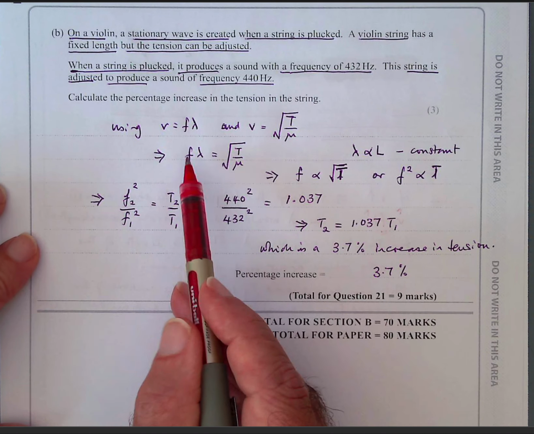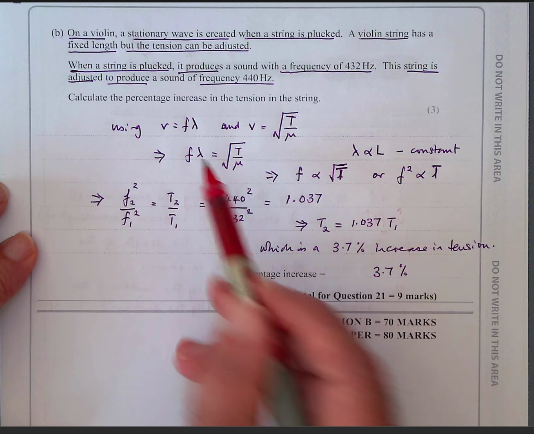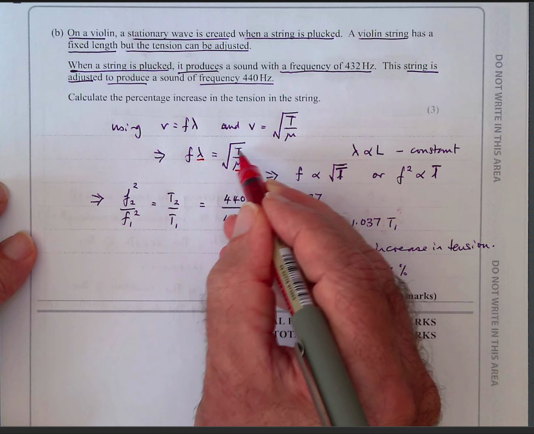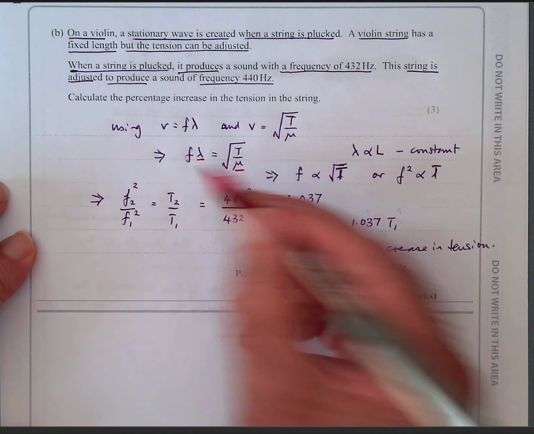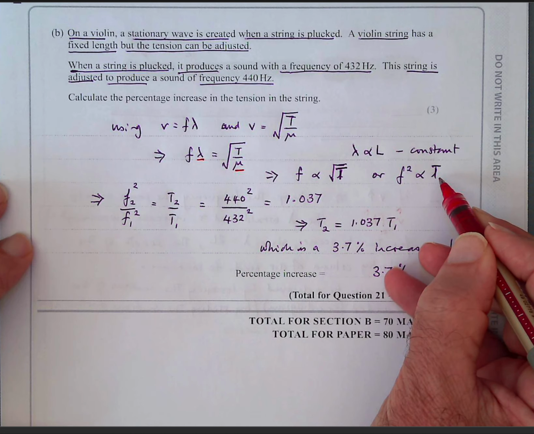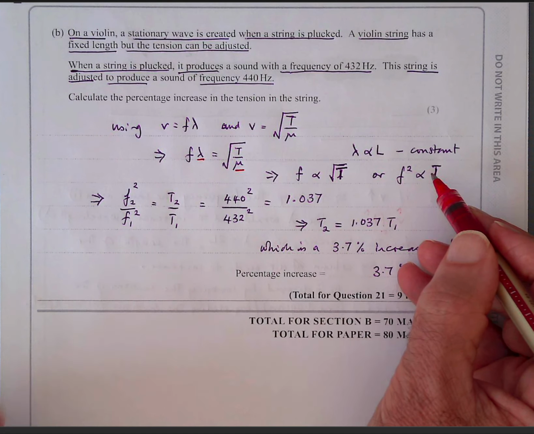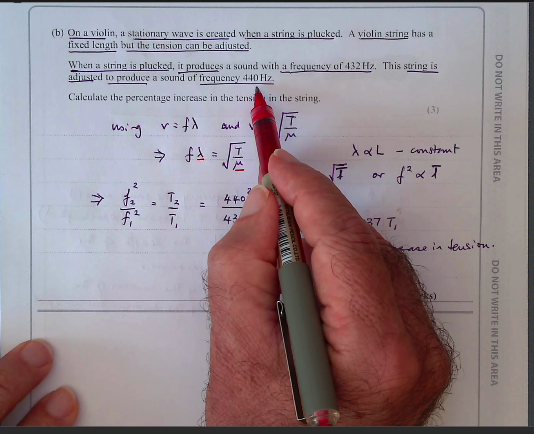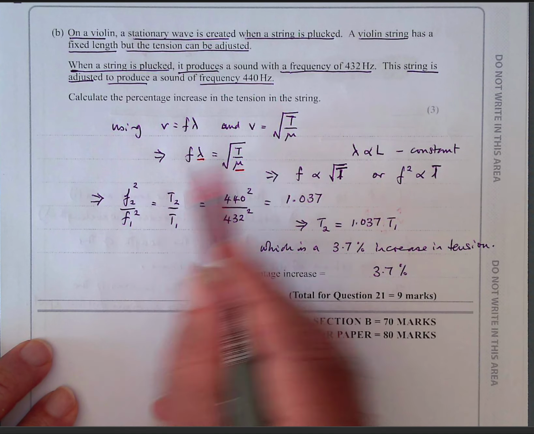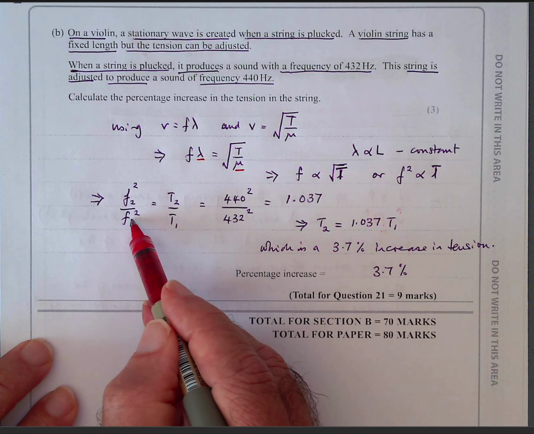Since the length is fixed, lambda doesn't change, so that's a constant. So the variables are f and T. So f is proportional to the square root of T, or you could square it and say f squared is proportional to T. That means if you increase the frequency from 432 to 440, you have to square the second frequency divided by the first frequency.